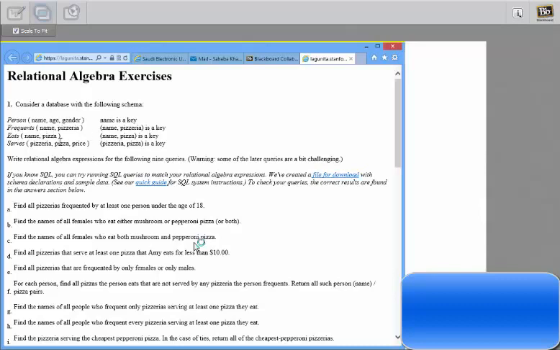Eats, name and pizza, and serves, pizzeria, pizza and price. These are the schemas they have given you, and these are the primary keys mentioned here. For frequent, we have name and pizzeria. Eats of name and pizza is a primary key, and pizzeria and pizza is a primary key here.